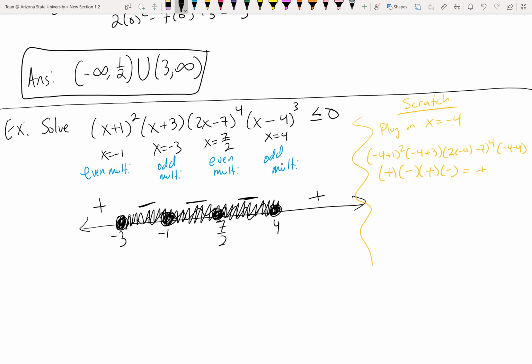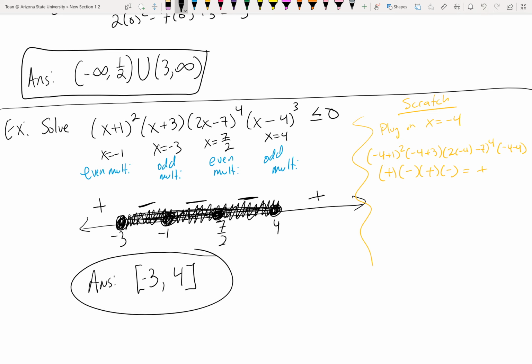So even though I do have 4 dots here, because everything is shaded in, it's as if this is one giant shading. So my solution, my answer, is everything between negative 3, comma, and 4. Notice we use square brackets because at the endpoints they were shaded. If the endpoints were open, we would have used parentheses. So that's the solution.